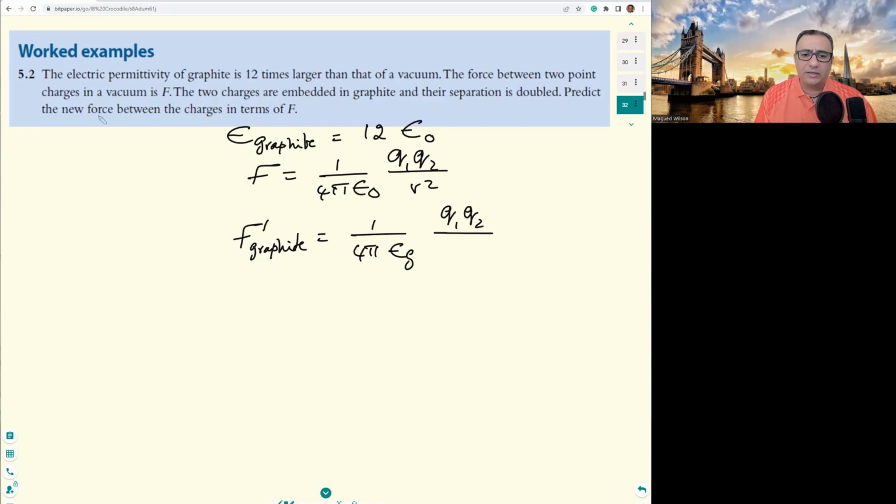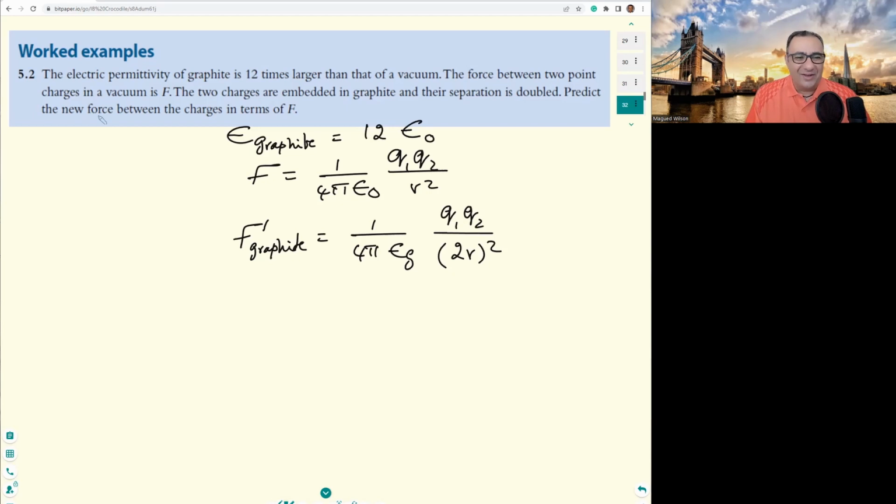Instead of R, I replace it by 2R, and be careful, we have a square, so it's 2R all to the power of 2, which is 4. When you double the separation, you double R only, but don't forget to square it. I have seen that mistake a lot.